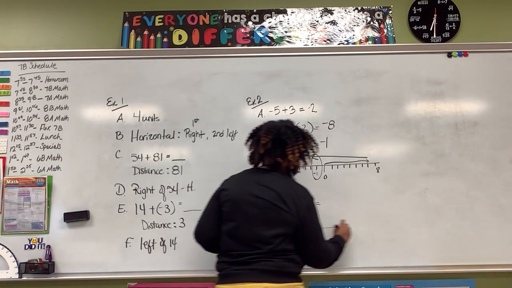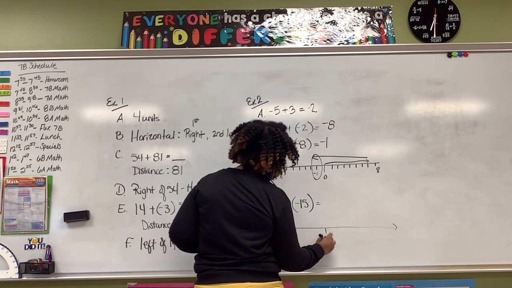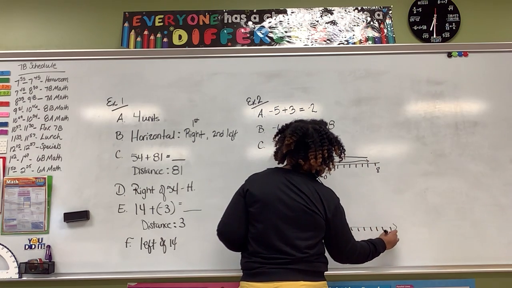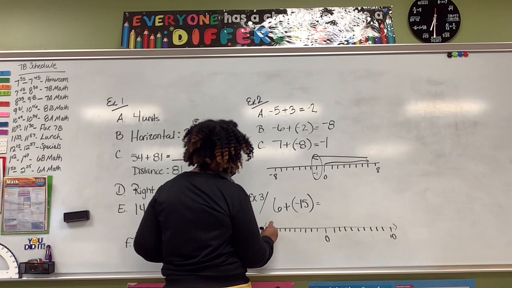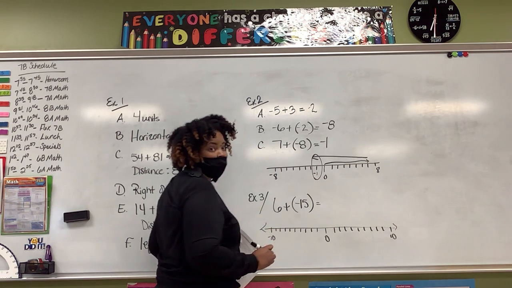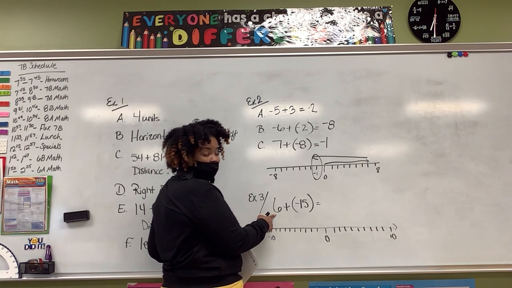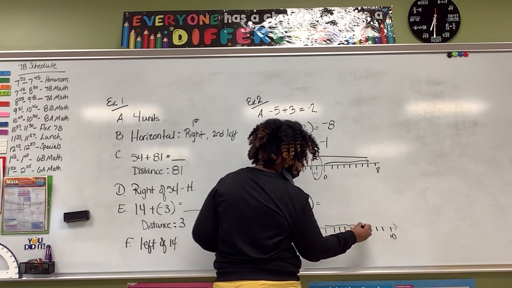And if I need to draw the number line so that you can see it, I will. 1, 2, 3, 4, 5, 6, 7, 8, 9, 10. Please make sure we're looking. So I'm going to start at 0, and it tells me to move right 6. So I'm going to say 1, 2, 3, 4, 5, 6.